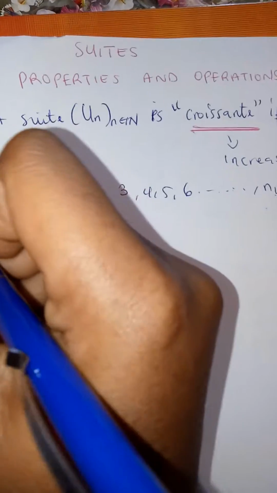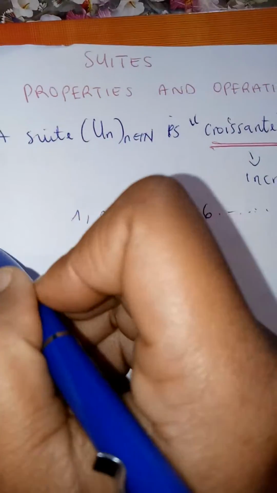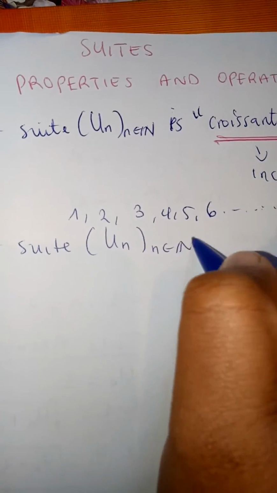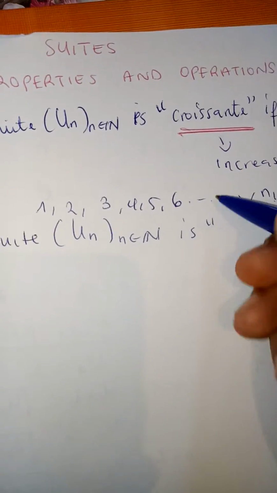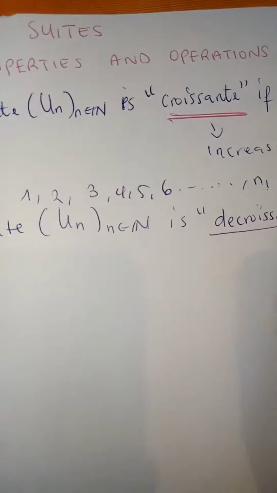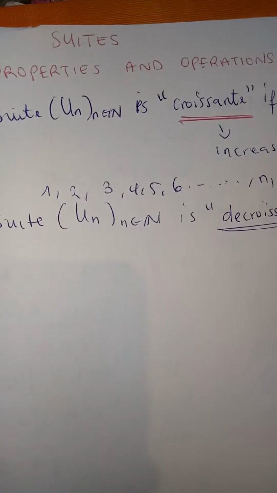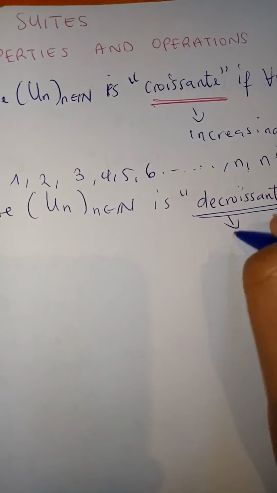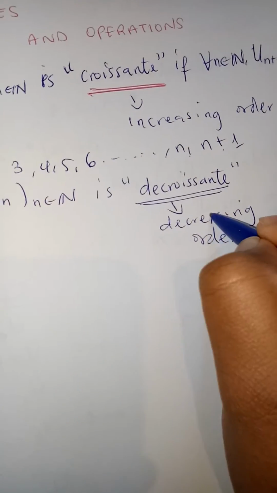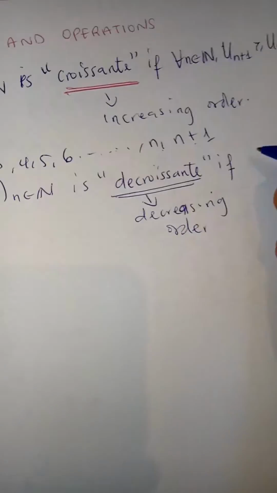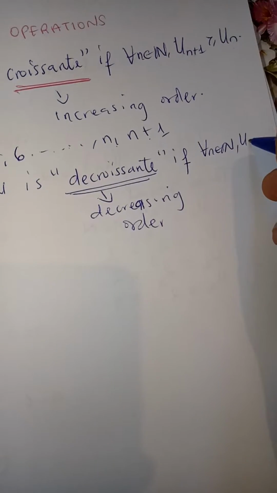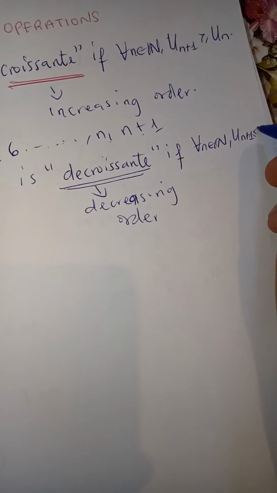Now, the second property is that a suite Un, lorsque n appartient à grand N, is said to be décroissante, which of course is the opposite. That means it's in decreasing order, if pour tout n appartient à grand N, Un+1 est inférieur ou égal à Un.